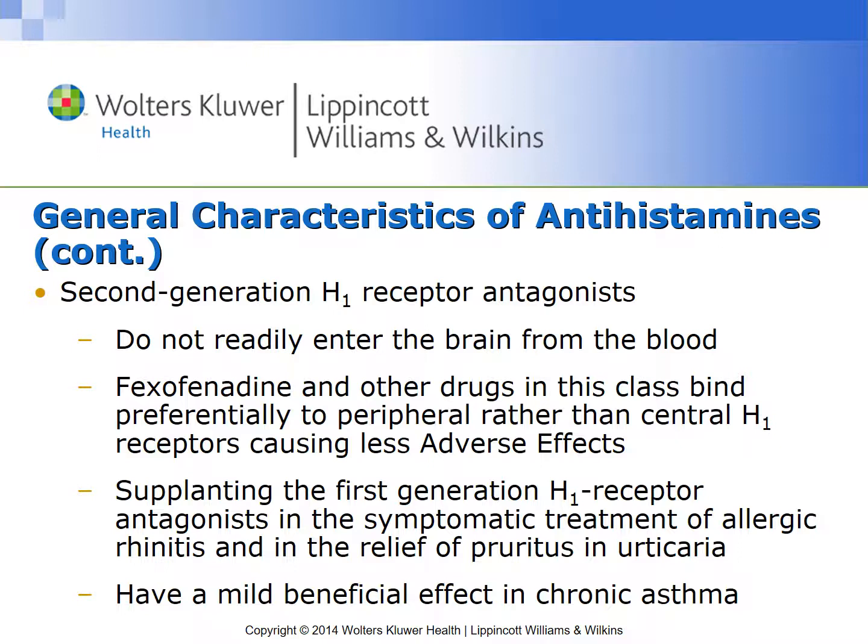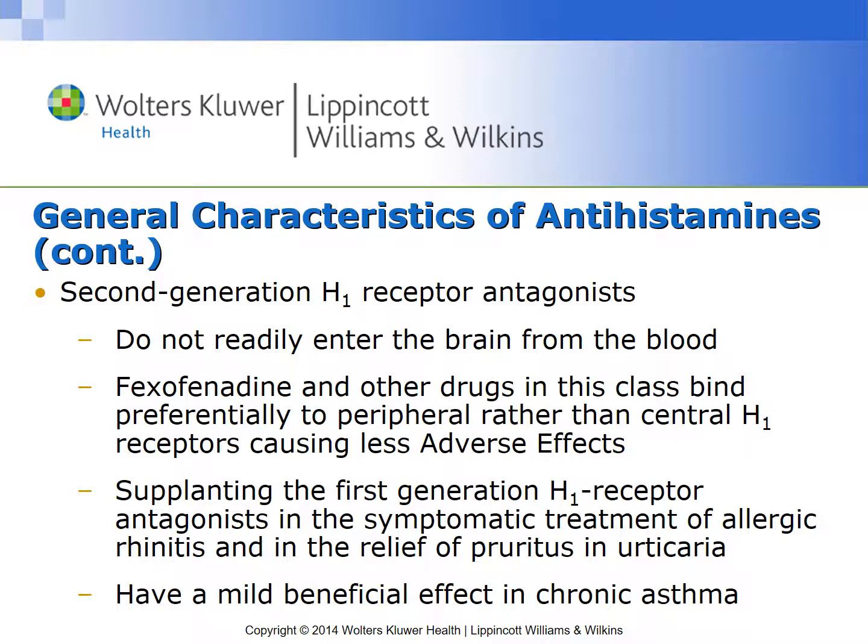Now, your second generation H1 receptor antagonists don't readily enter the brain from the blood as the others do. Fexofenadine and other drugs in this class bind preferentially to peripheral receptors rather than the central H1 receptors, and that causes less adverse effects.